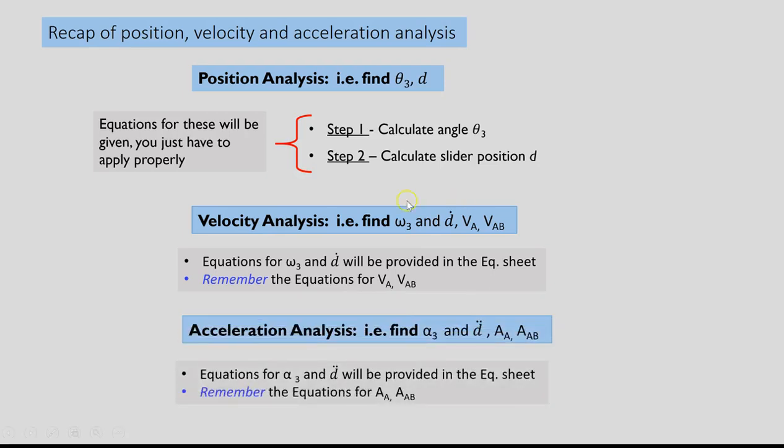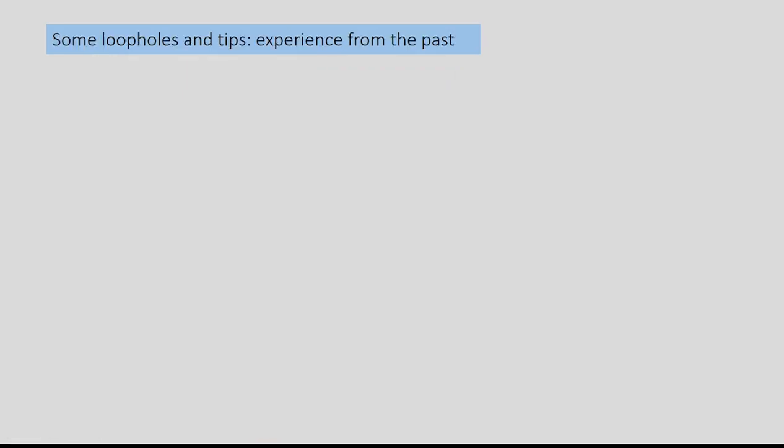Acceleration analysis is exactly like velocity analysis: alpha 3 and d double prime equations will be given to you, and you need to derive linear acceleration for pin joint A and coupler AB, and then you need to find magnitude and angle.